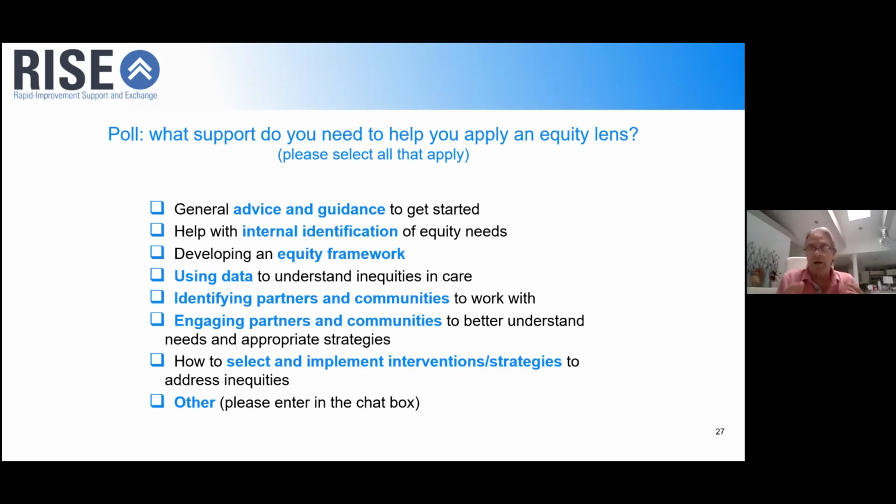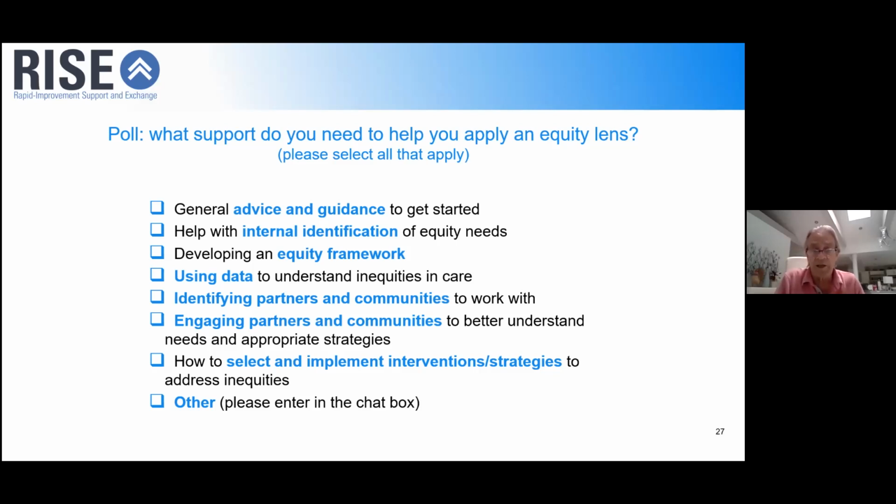So we as coaches are really going to be pushing our teams to share what we think are great ideas, great products, so that other teams can pick them up and start using them or adapting them to their local environment. So for those of you that have an equity framework out there, please share it with your coaches. We'd like to put it up on the online forum so that others can learn from what you've done.